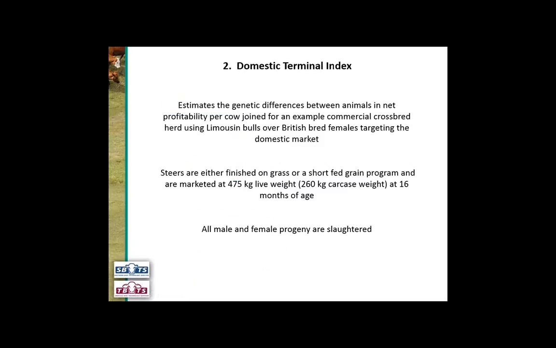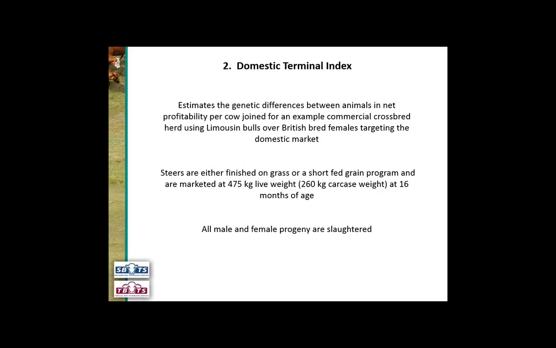So now I'm going to look at a Limousin domestic terminal index, and remembering again that a terminal index means that all progeny are sold, so no females are kept as replacements.